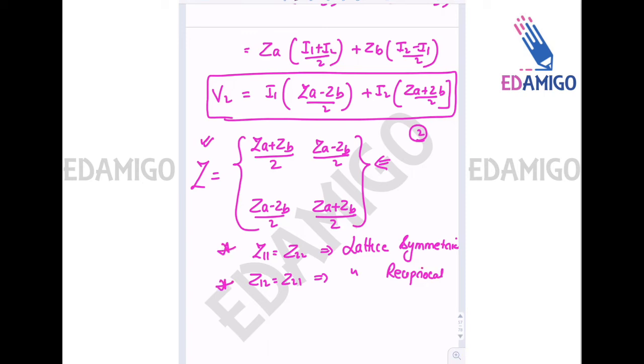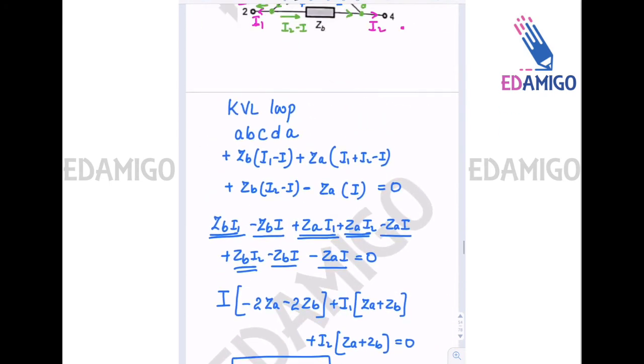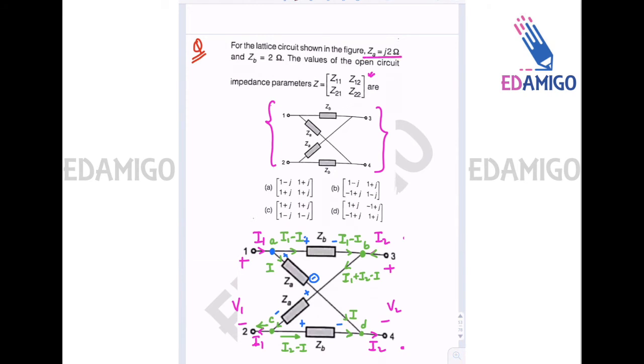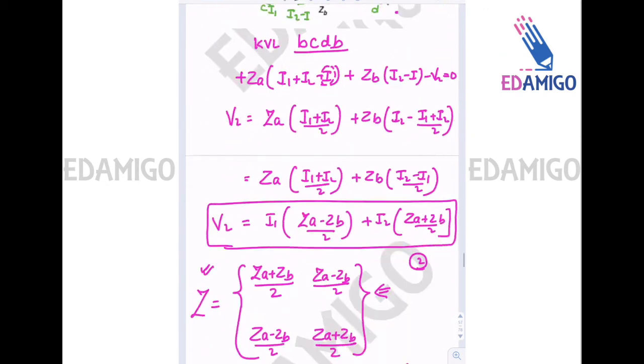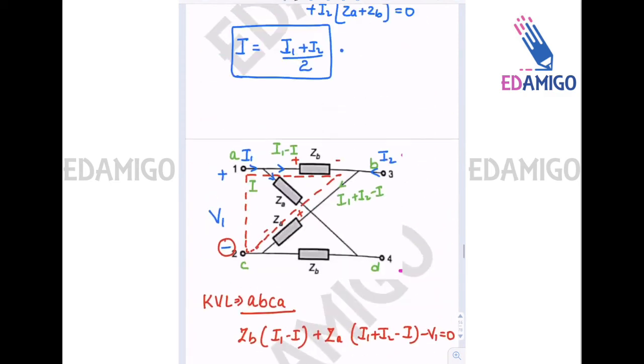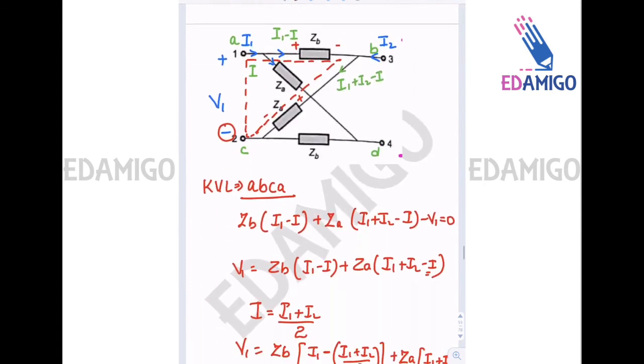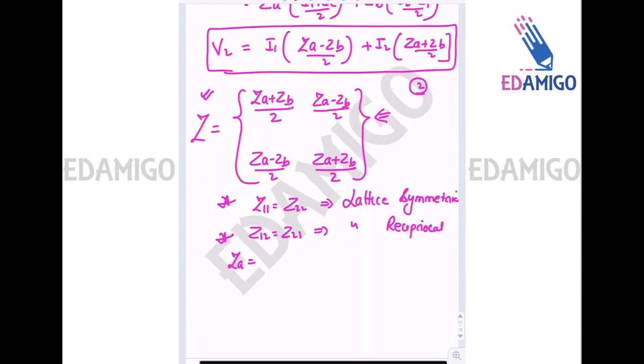Okay, now let's go to the question directly. Since ZA and ZB are given to us, let me check again, I forgot the values. So ZA is equals to 2J and ZB is equals to 2.